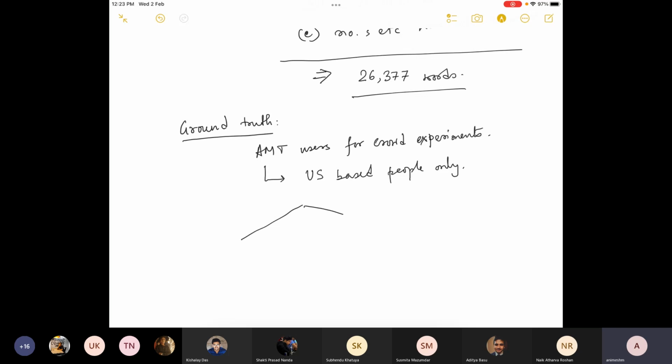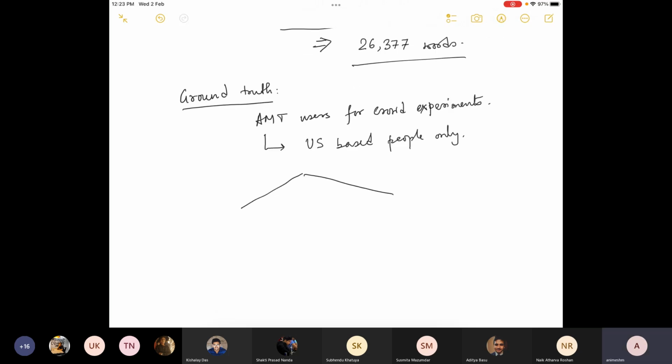Two types of data gathered. Okay. The first type was where they solicited words from the crowd.